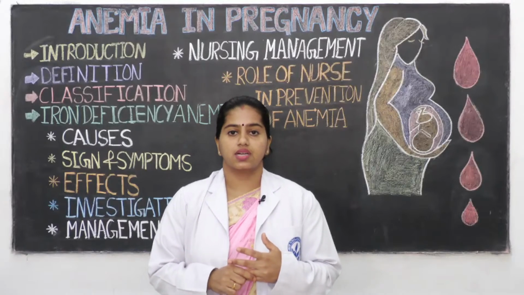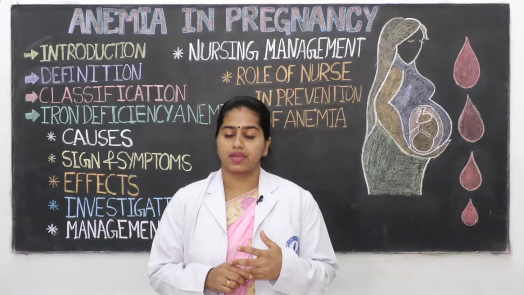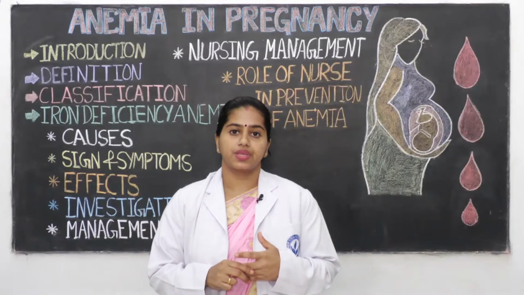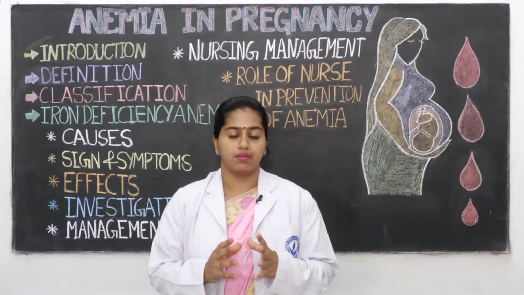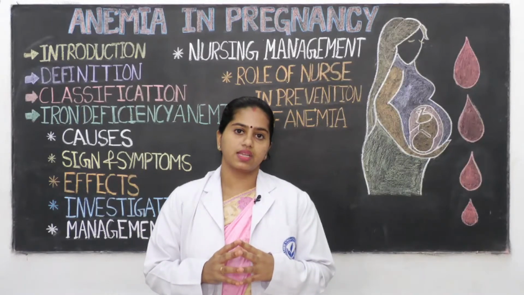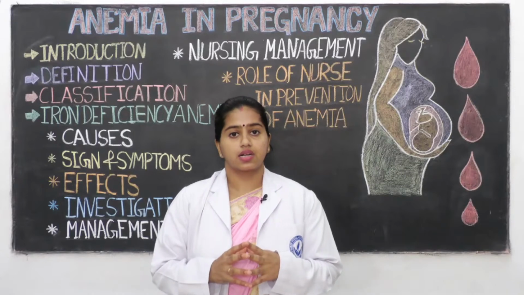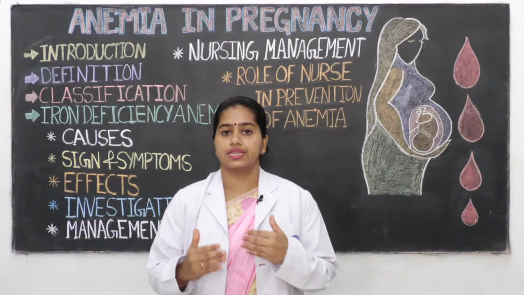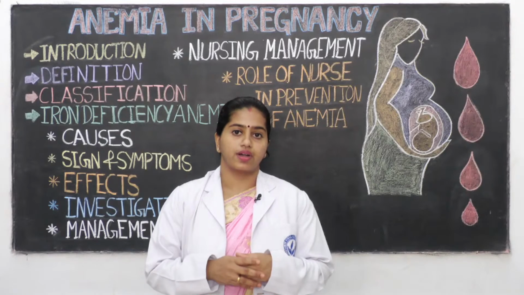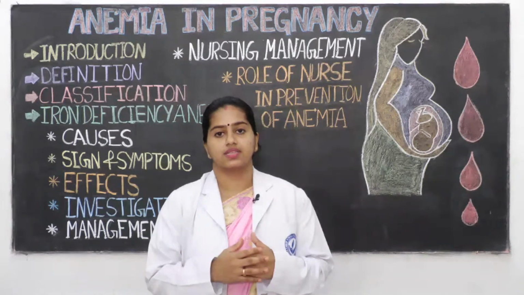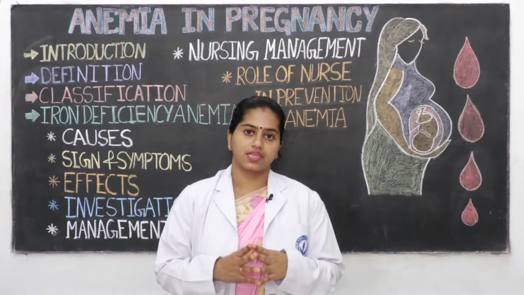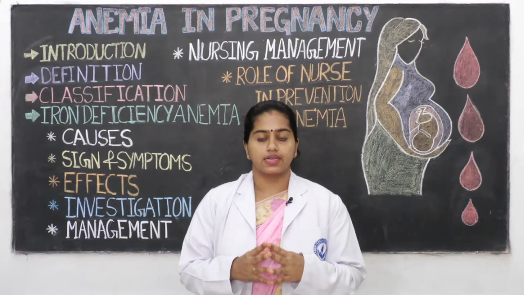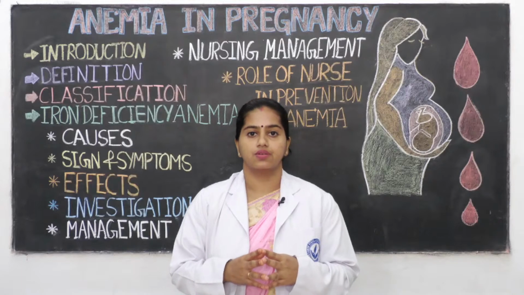Preeclampsia has increased BP, 140 by 90 mmHg, and proteinuria with or without edema. So these features can be seen with the anemic status. And sometimes she can have cardiac failure also if she has an excess demand for iron, or during the second trimester, at 30 to 32 weeks of gestation, sudden cardiac death can also happen.